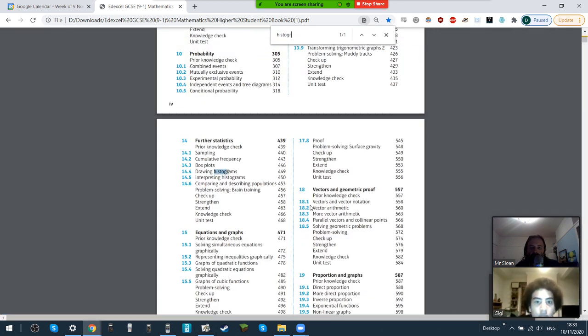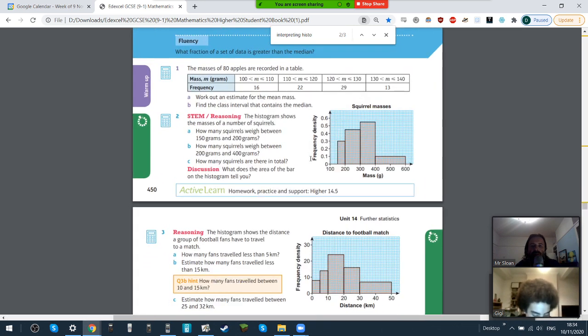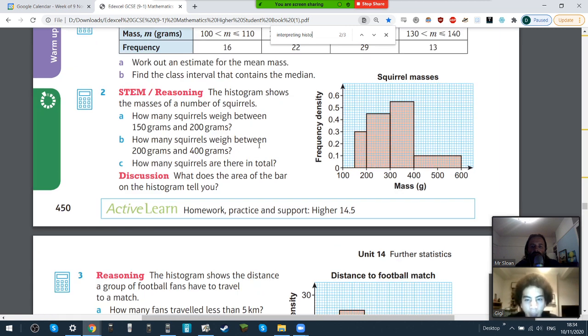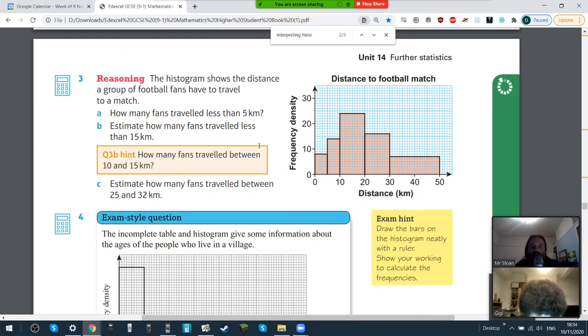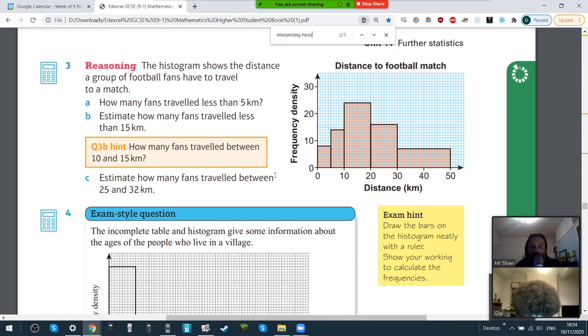Drawing histograms, interpreting histograms. So median from histogram, this should be easy. There's an A-level method for it, but for 2 marks it seems like it's too much. I'm sure I made a lesson for this, just can't find it. Yeah, this doesn't look too bad.